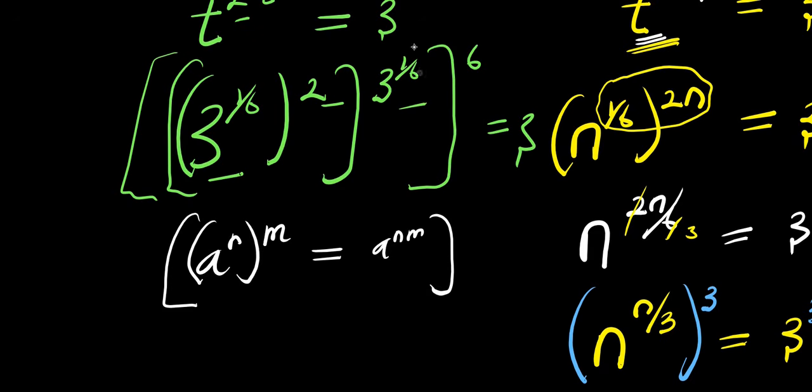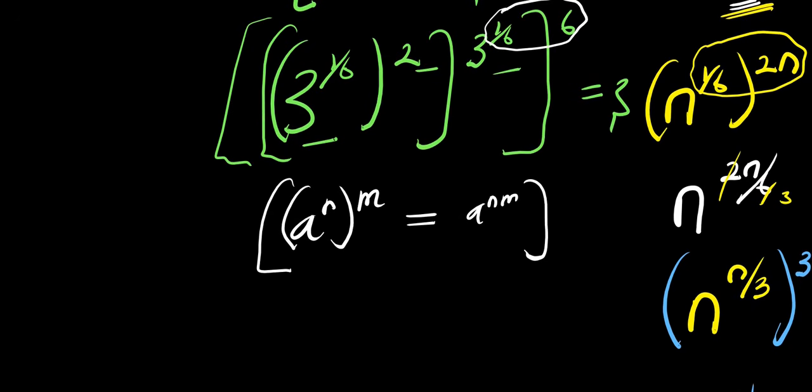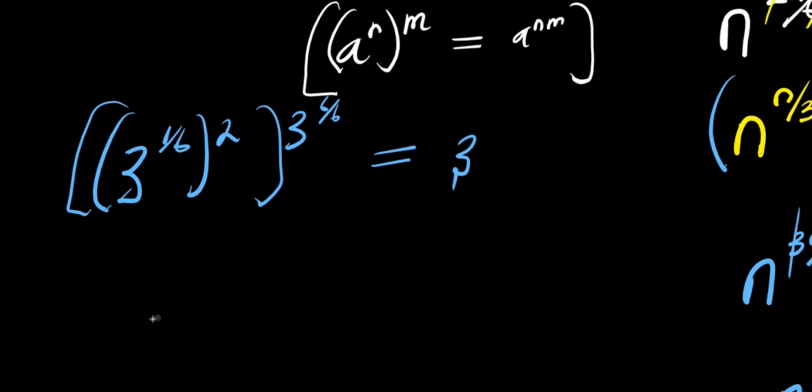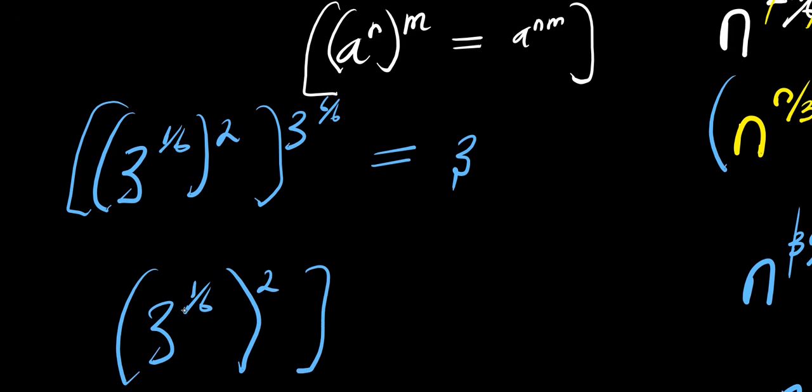Applying this identity right here first, we are simply going to have 3 power 1 over 6 raised to the power of 2 times, this is 3 to the power of 6 times 1, which is 6 over 6, and this equals 3. From here, you have 3 power 1 over 6 raised to the power of 2 times 3. Because 6 over 6 is 1, we have 3, and this equals 3.